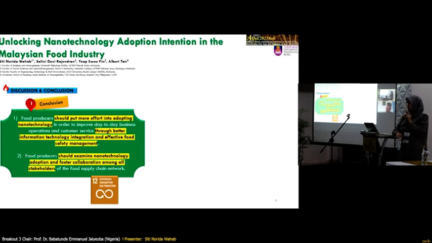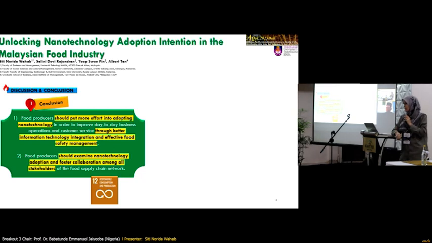So one of the solutions is through nanotechnology adoption. The next one is that they should also examine nanotechnology adoption in order to foster collaboration among all the stakeholders. This cannot be done alone, so all the stakeholders must sit together and collaborate in order to improve the entire food supply chain, and this is also in line with the SDGs, SDG number 12, which is responsible consumption and production.